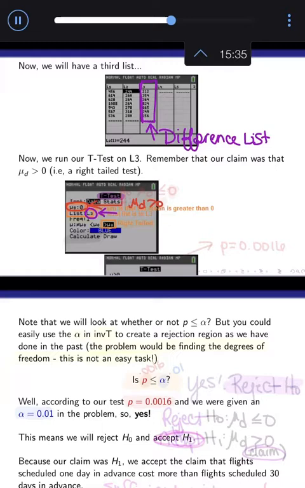That was our H1. And our H naught was that mu d was less than or equal to 0. Either way, remember the mu naught here comes from whatever's on the other side on your null hypothesis and your alternative hypothesis. And in this case, it's always going to be a 0.